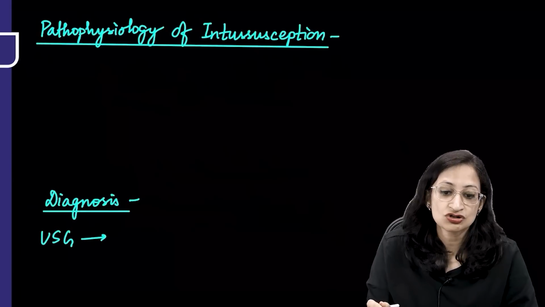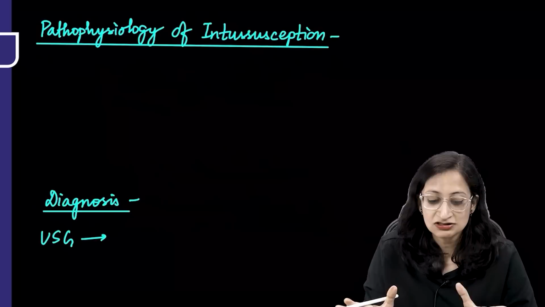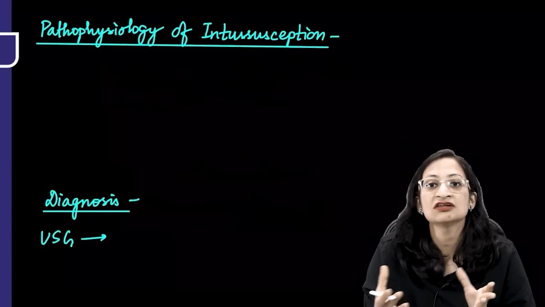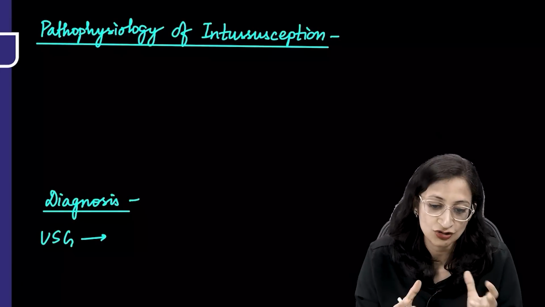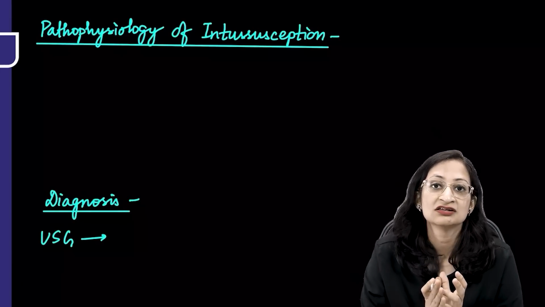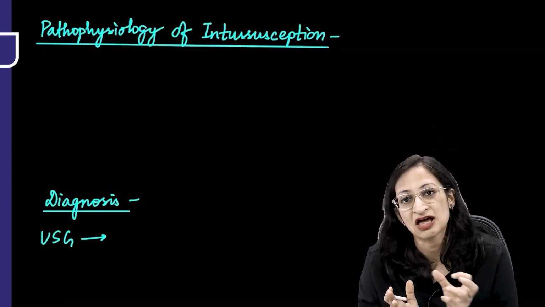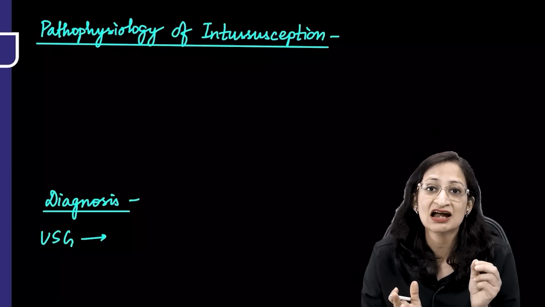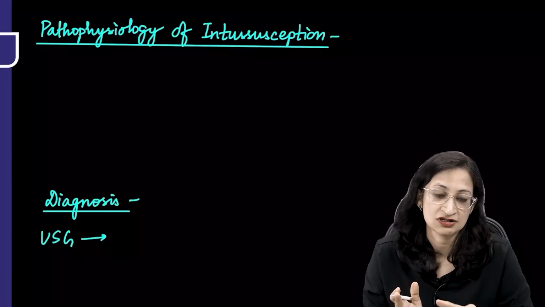So, the pathophysiology of intussusception. Basically what happens is, when new food products are introduced in the diet of the child, there is hypertrophy of the Peyer's patches, the lymphoid cells present in the intestine, and they act as a lead point for development of intussusception.